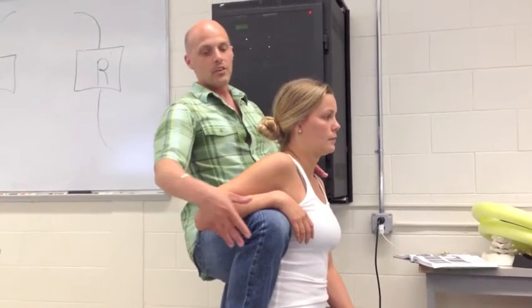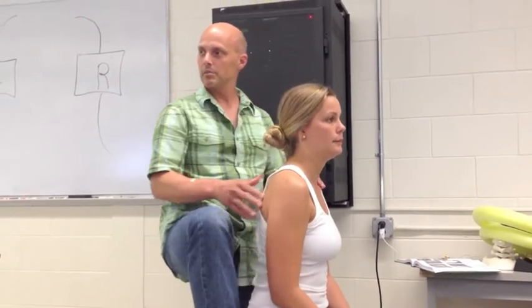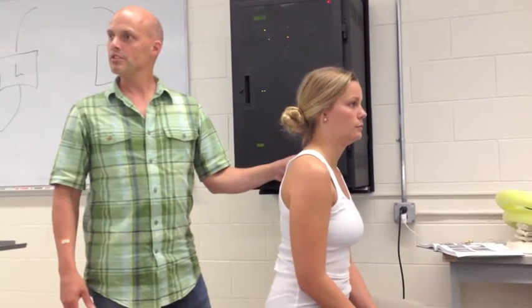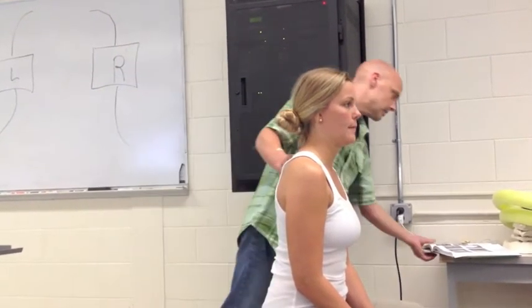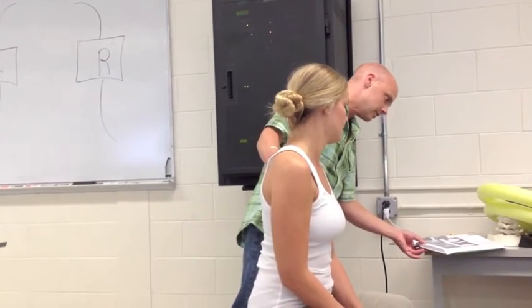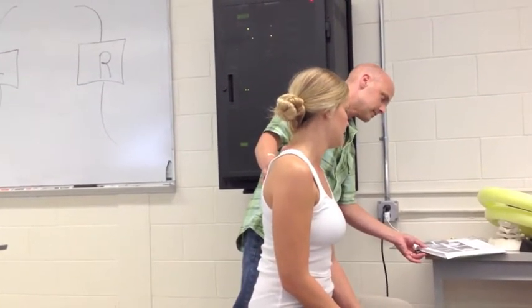Okay, first thing when we treat a type 1, after we get her in position, I'll get my leg back up there too. We want to find the most convex portion of the dysfunction. So I think, if I'm not mistaken, we have T1, T2, and T3.